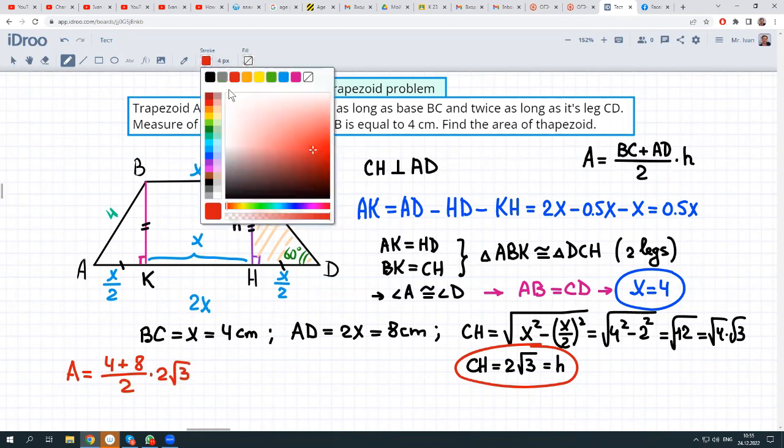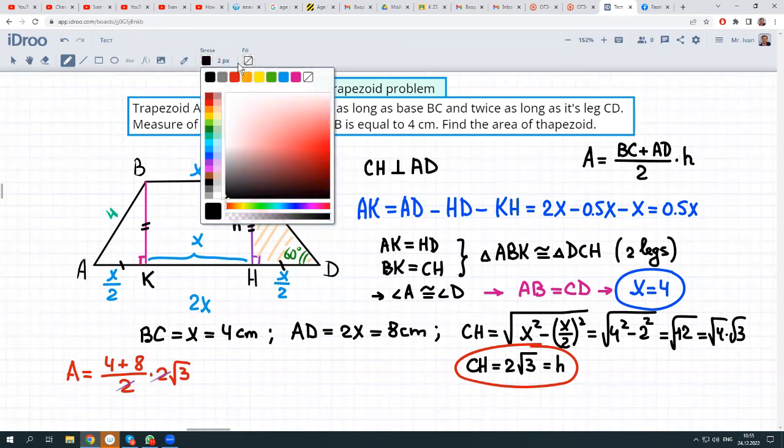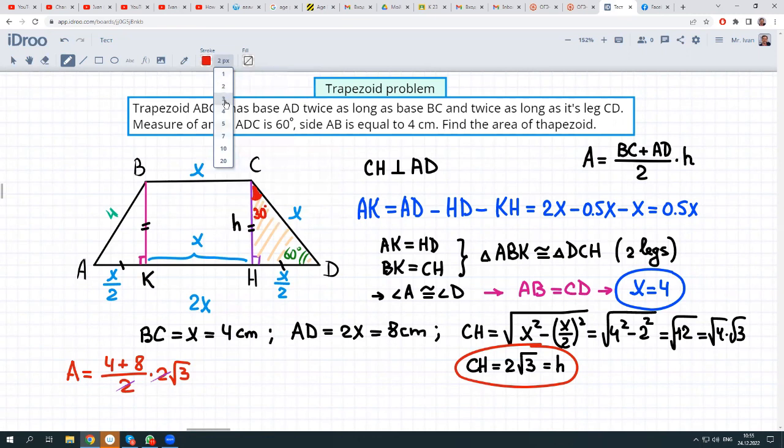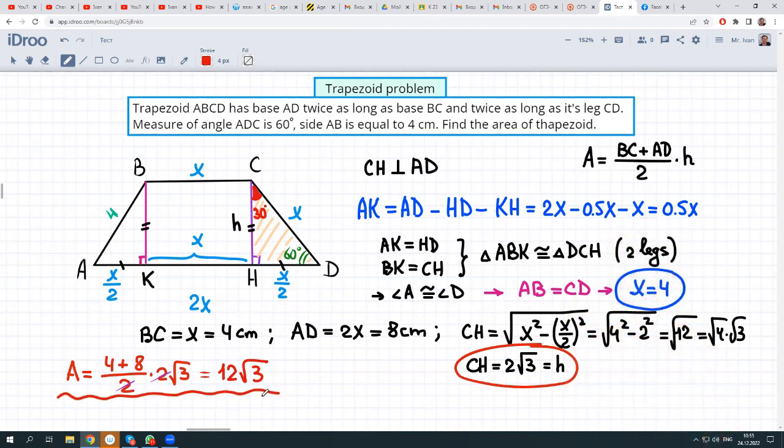We could cancel out 2 and 2 here, okay? And then just calculate. 4 plus 8 is 12, and we get 12 root 3. Perfect. This is our area, and this is the answer to the question of the problem.